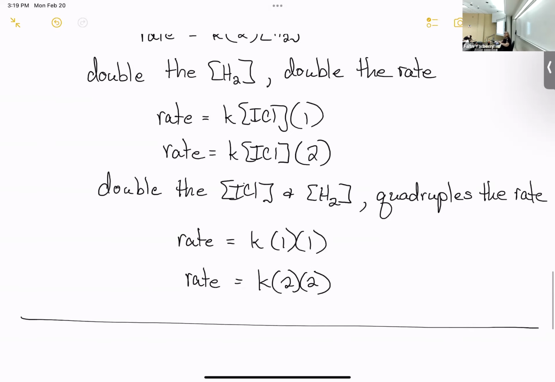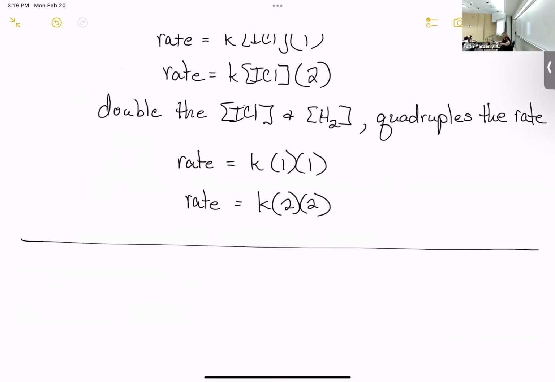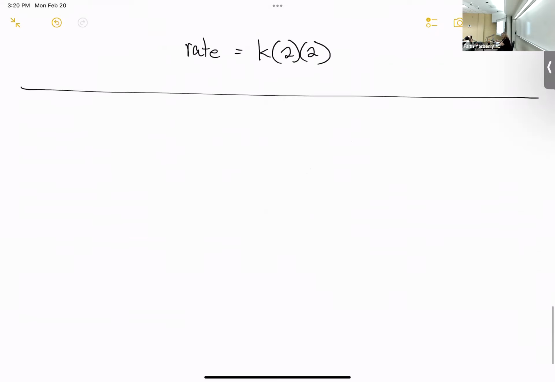Okay, so let me give you one to do. Find out. Luna and I will walk around.